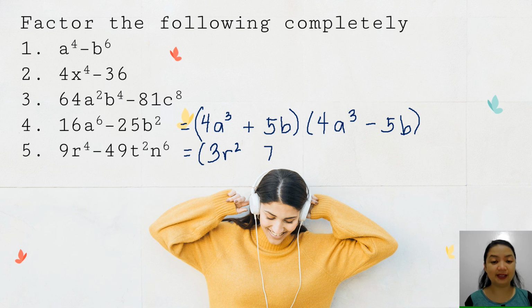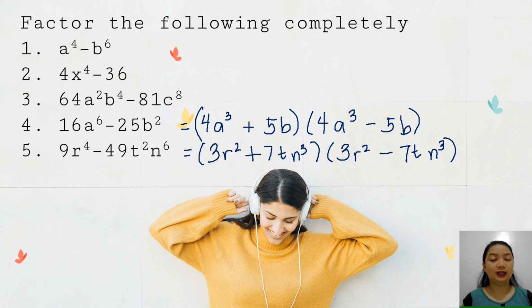Yes, that is 7p n cubed. So we also have the same terms for our second factor. We have 7p n cubed. So once again, the one is positive while the other one is negative.